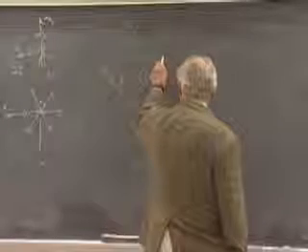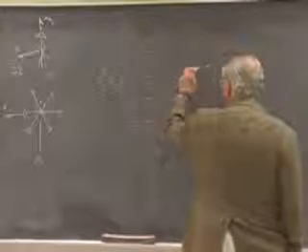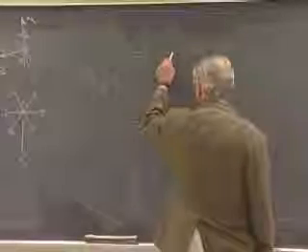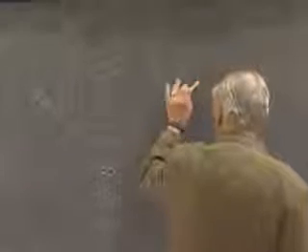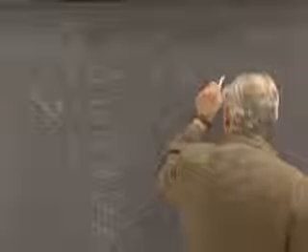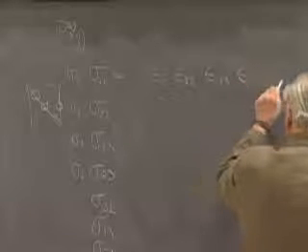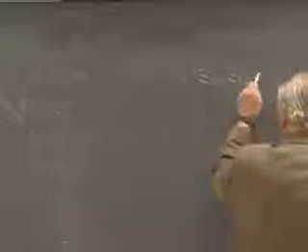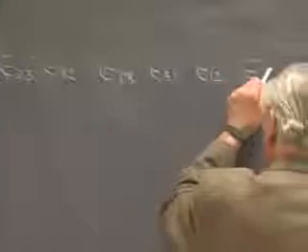And we can express each of these stresses in terms of the elements of strain. So I'll have an epsilon 1,1, an epsilon 2,2, an epsilon 3,3, an epsilon 2,3, an epsilon 3,2, an epsilon 1,3, an epsilon 3,1, an epsilon 1,2, and an epsilon 2,1.